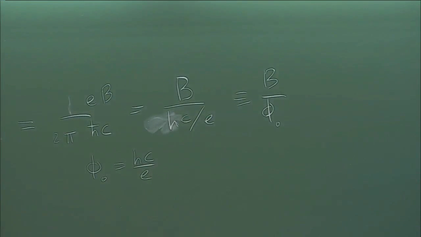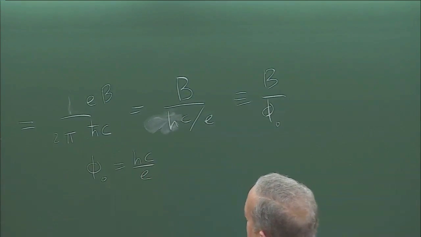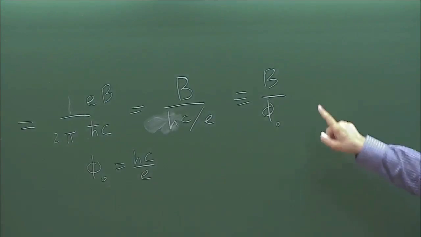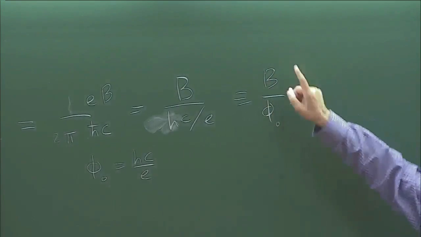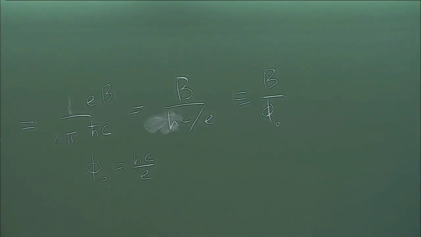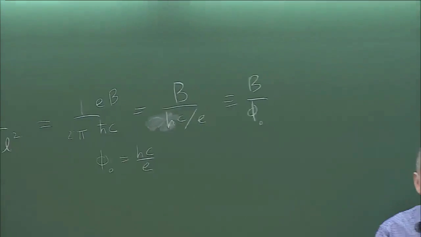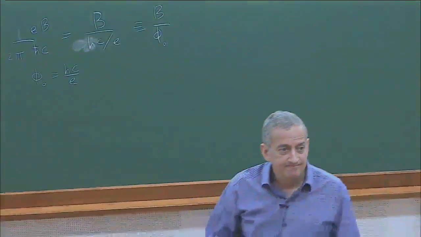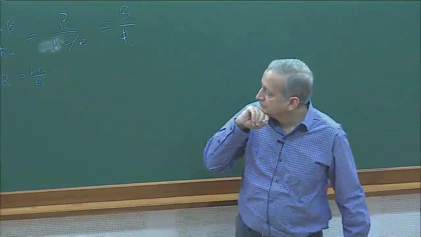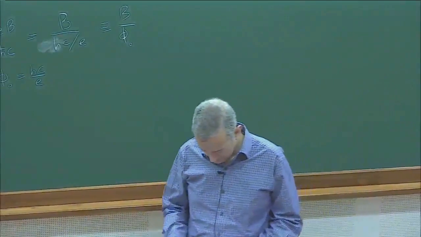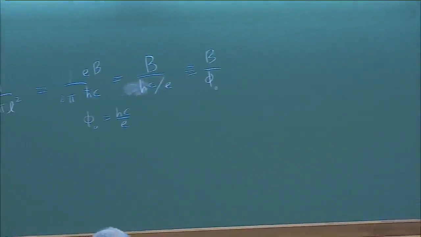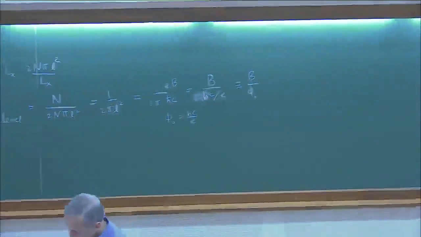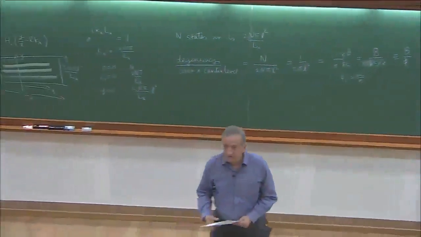You can produce any flux you want in the laboratory. But this is known as flux quantum hc over e. And what this tells me is that this is the flux through a unit area divided by the flux quantum. So it tells me that the number of states in each lambda level is equal to the number of flux quanta penetrating the sample. Okay. Any questions on this?